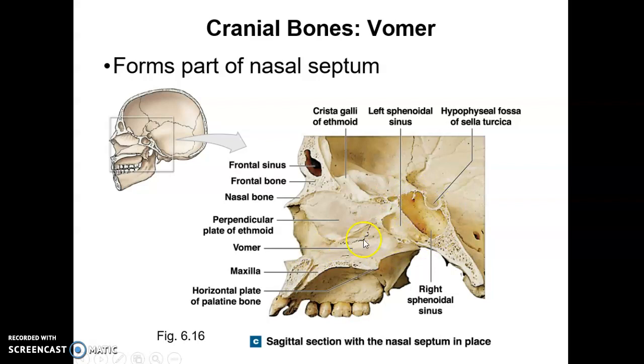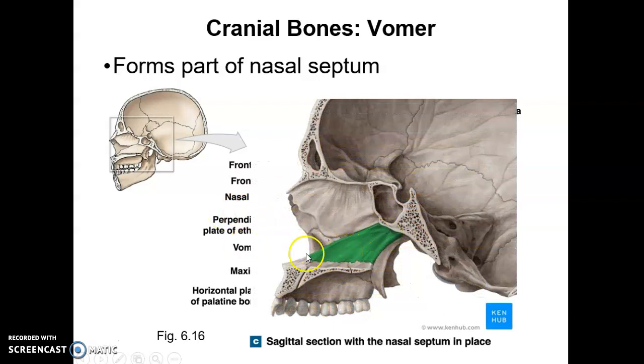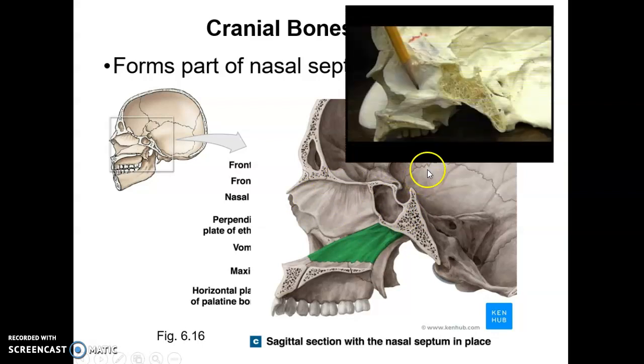And then the vomer is this one bone that you can only see in a mid-sagittal section in the brain. Here it is in green. There's the sphenoid. There's the ethmoid with its perpendicular plate. And that's what the pencil is pointing at right there, the vomer.